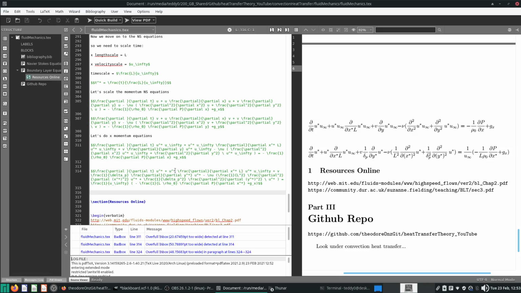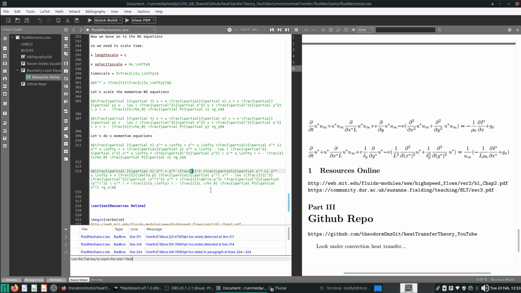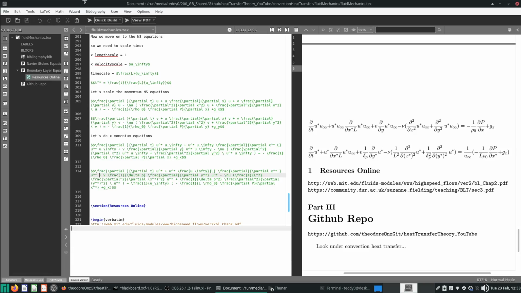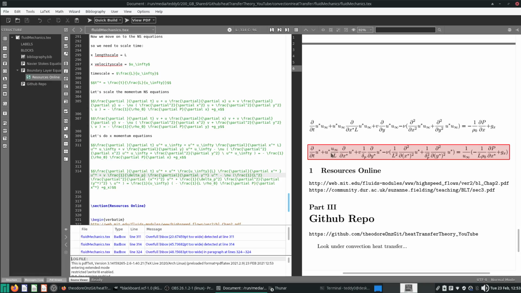So let's just tidy up the equations before we continue. So u infinity over L. Let's get rid of the L inside and the u infinity as well. So that's that much we do with these equations.